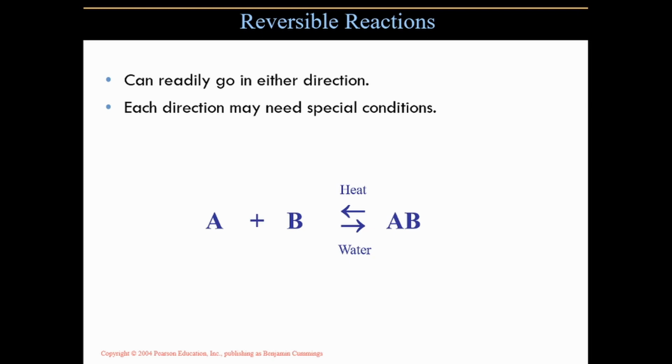But AB can reverse and become A plus B. So the product can be broken down into its reactants and vice versa. And the special conditions, sometimes water is needed, sometimes heat is needed, an enzyme is needed. And so these conditions need to be met in order for the reaction to occur. And those conditions are necessary for it to actually happen, to either be a synthesis reaction or a decomposition reaction.